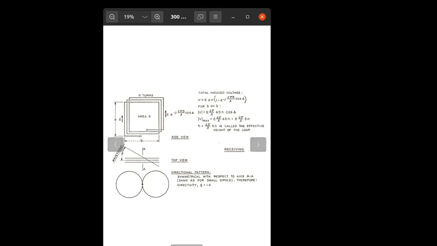Again, history has taught us that we can increase, particularly for receiving, the sensitivity of the loop antenna. Again, this is a small loop. It's got a constant current through it, so it's not a large one. A large, again, would be a wavelength.